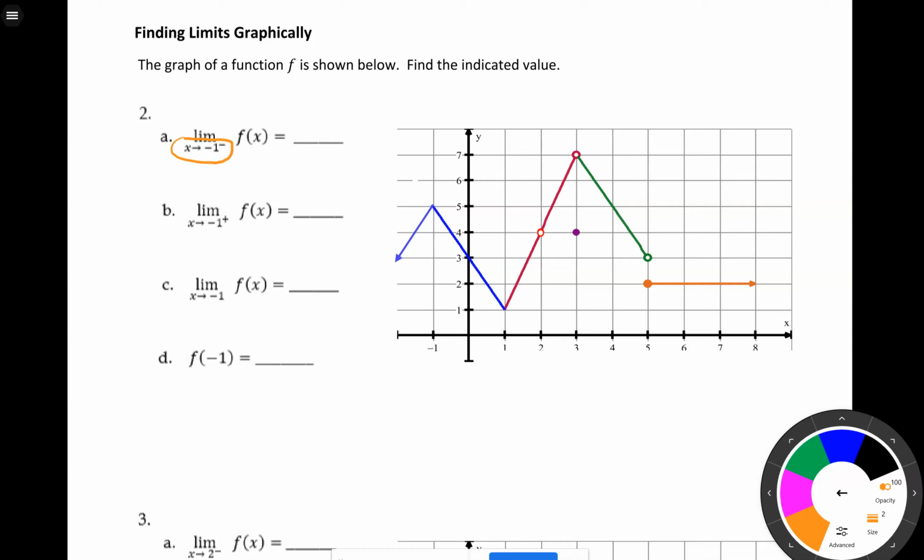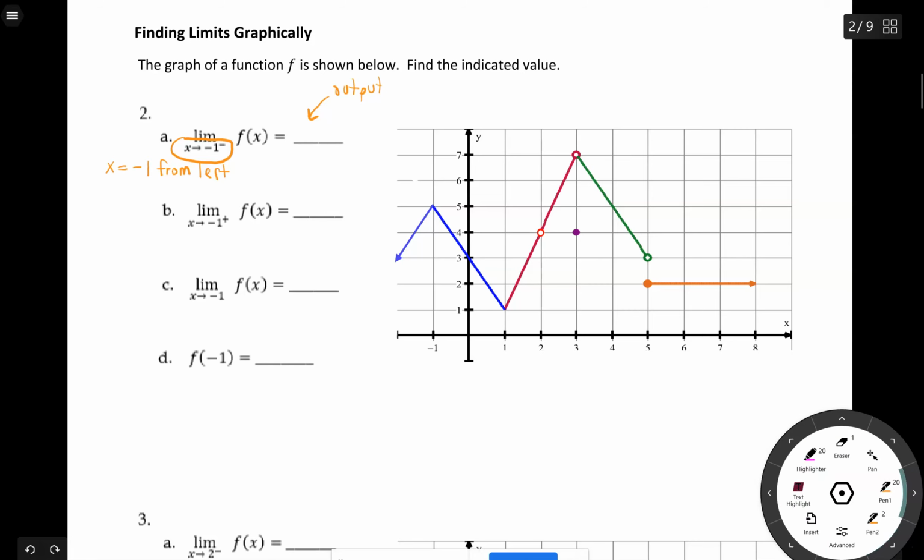So hopefully y'all can read that. But it's a -1 with a superscript of negative sign. So this is going to be from the left. What is the output doing as I approach x equals -1 from the left? And again, this little negative sign is what's telling me to go from the left.